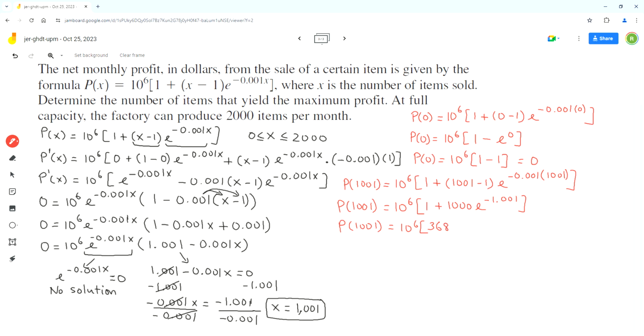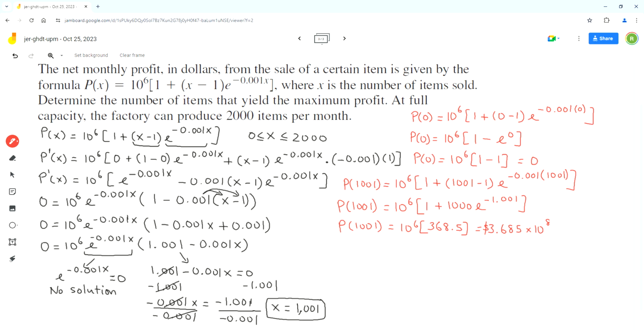So I'm rounding it to one decimal place, which can be simplified to 3.685 times 10 to the power 8, and the unit is dollars. So this is the profit at x equals 1001.